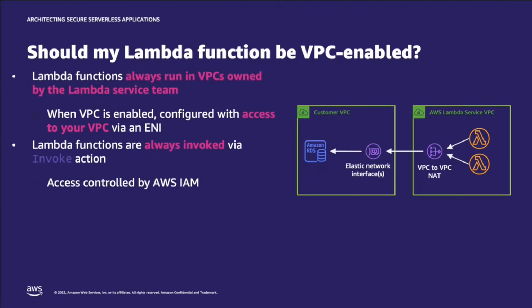A different thing that you need to consider, right? When you are exposing your Lambda function, remember that VPC enabled Lambda functions are only necessary when accessing VPC resources, right? And remember all the things like VPC routing, NACLs, and security groups still apply for this.